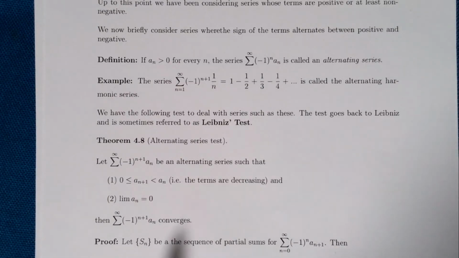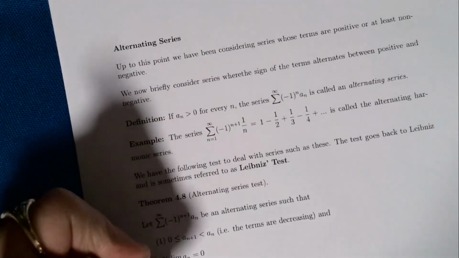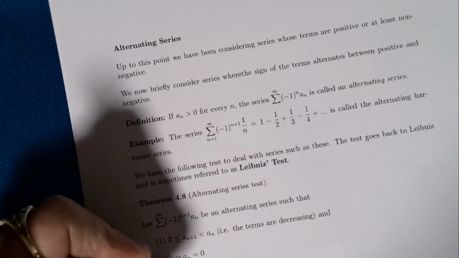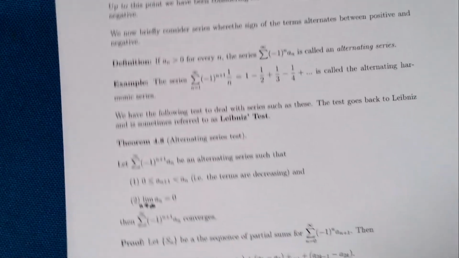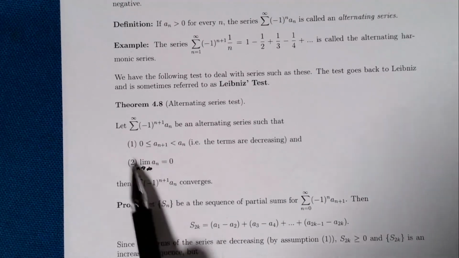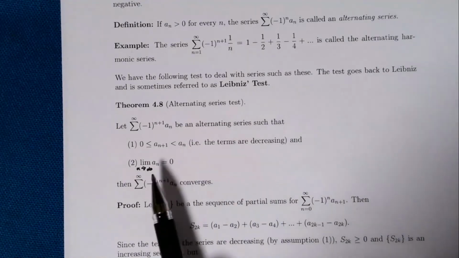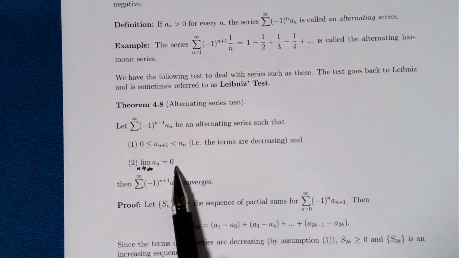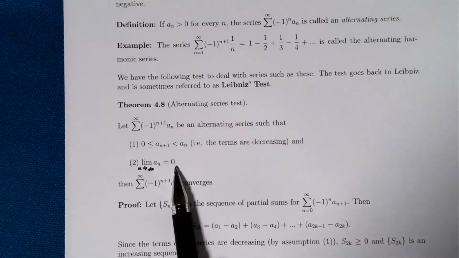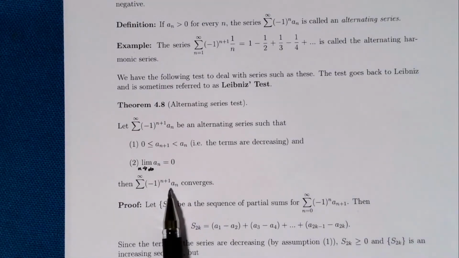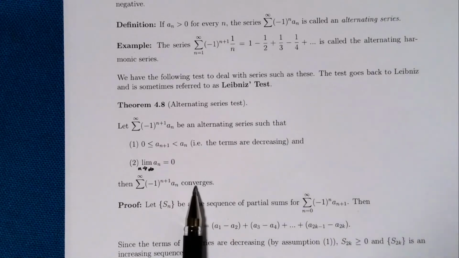And secondly, the limit, and I should have written in here as n goes to infinity, of course, the limit as n goes to infinity of a_n is 0. So this simply says that the terms are decreasing and the general term goes to 0. Now Leibniz's test says if that happens, then this infinite series converges.